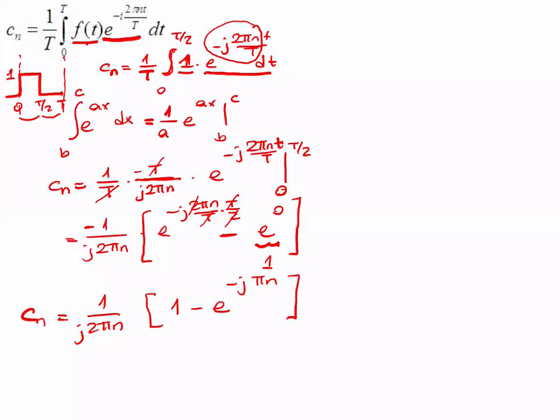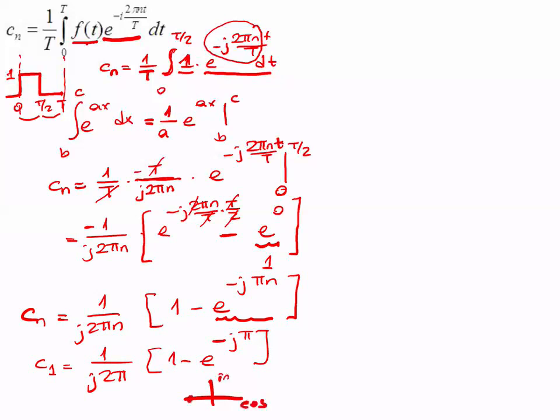So what is this part? e to the power j pi n. For example, for n equals 1, it is 1 over j 2 pi times 1 minus e to the power minus j pi. What is e to the power j pi? It is here, right? So this is the cosine, this is the sine. So this is the imaginary part, this is the real part.